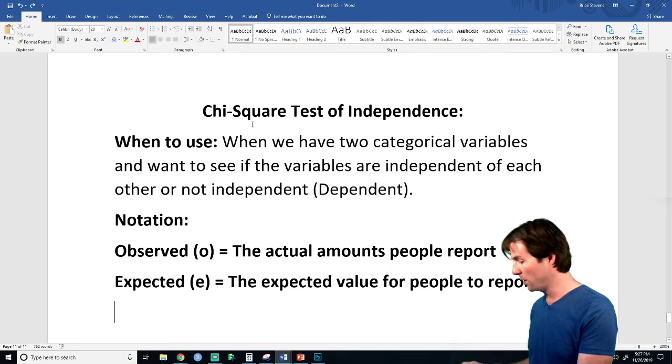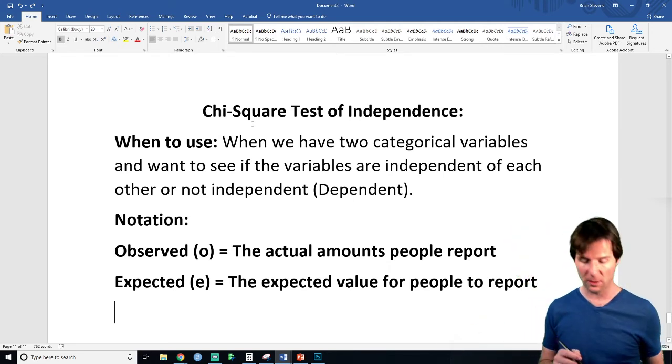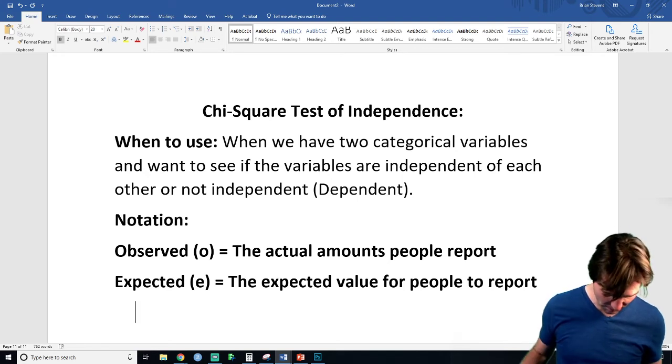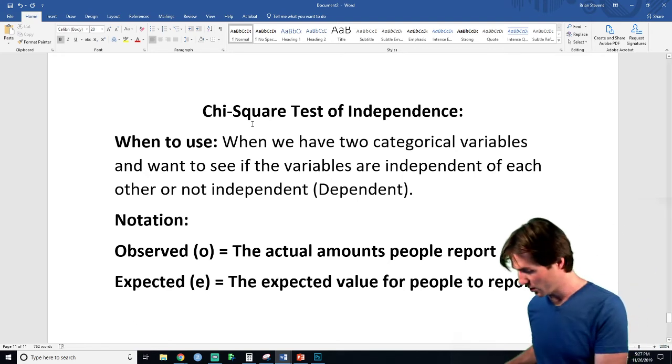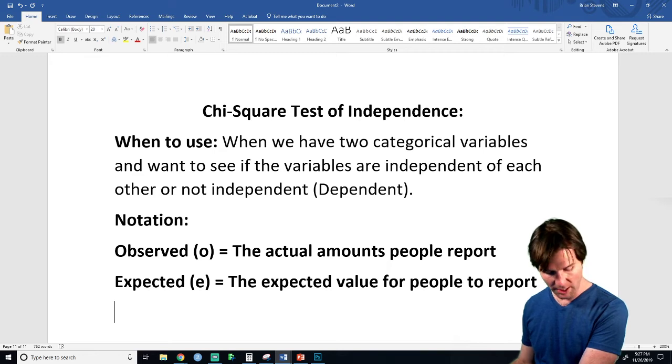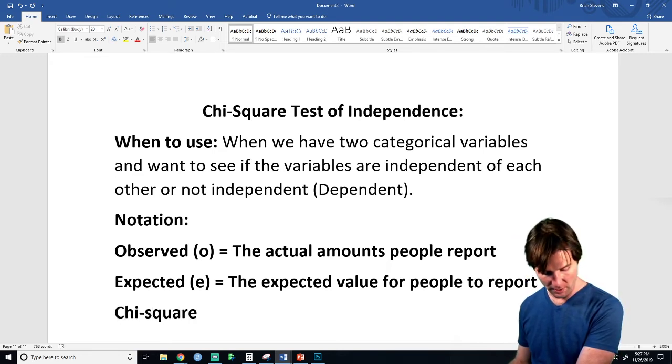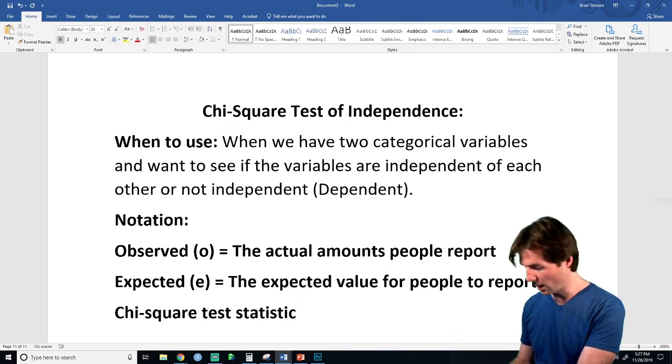So chi-squared is going to be our test statistic. How does the chi-squared look? A lot of people say chi-squared, but it's actually chi. So we're going to draw it right here. And so let's write it first. It's spelled C-H-I, but remember it's not chi, it's chi-square. So chi-square test statistic. And we'll put a little parentheses right here, and I'll draw it.